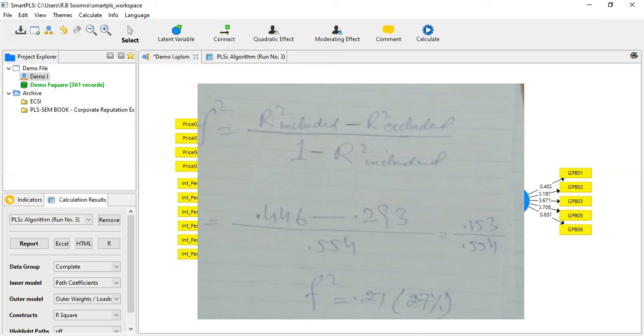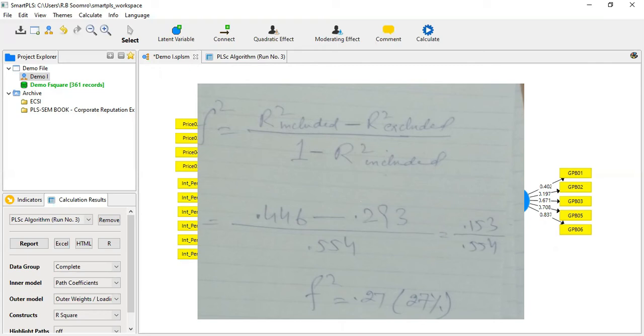When we excluded our variable TGP, another one, our R square was reduced to 0.239, minus, over 1 minus 0.446. The result is 0.554. And when you solve this equation, our result is 52.